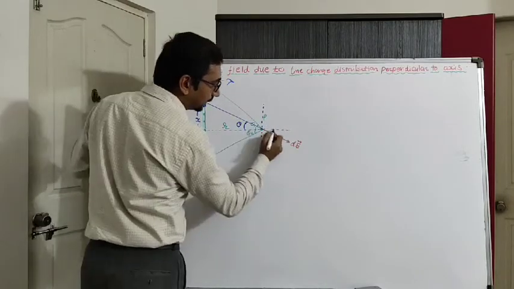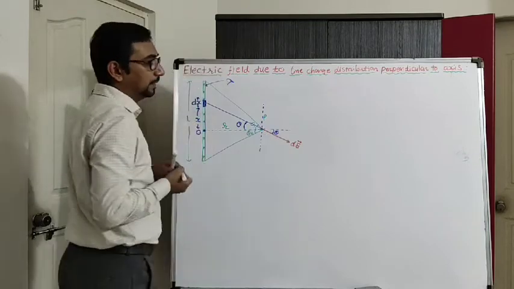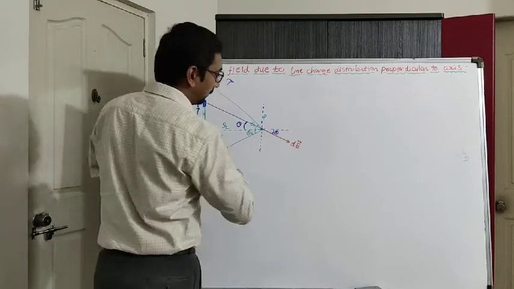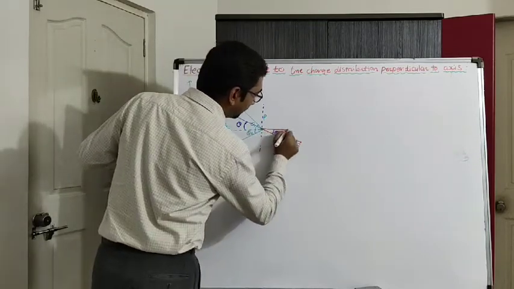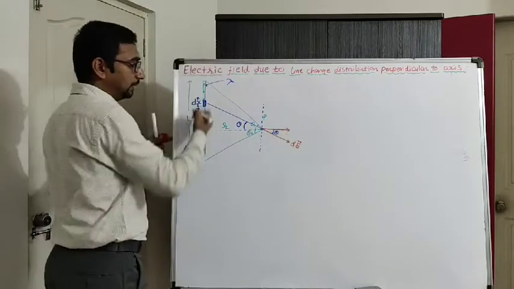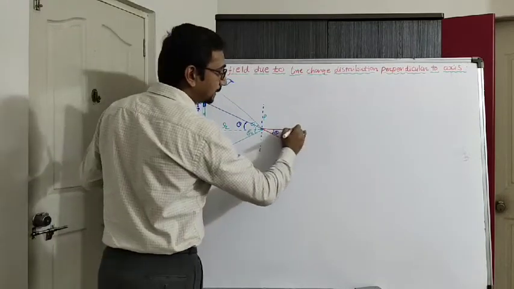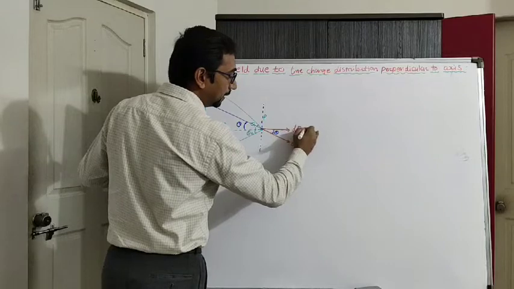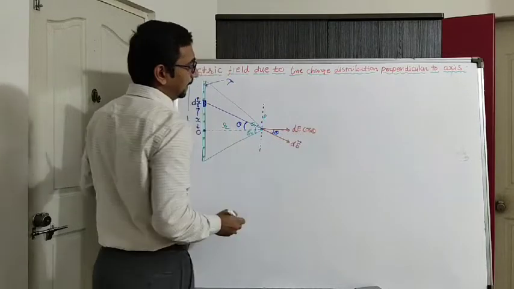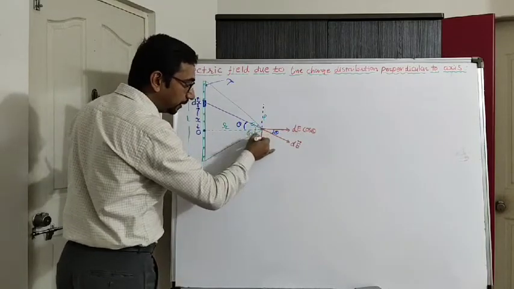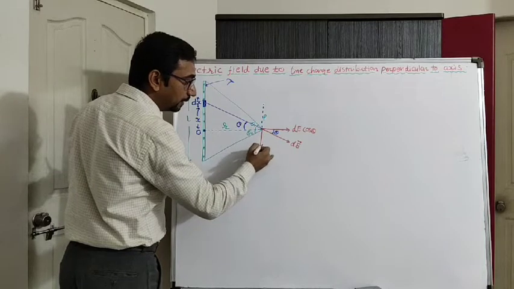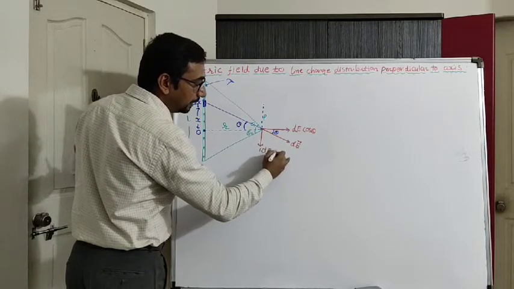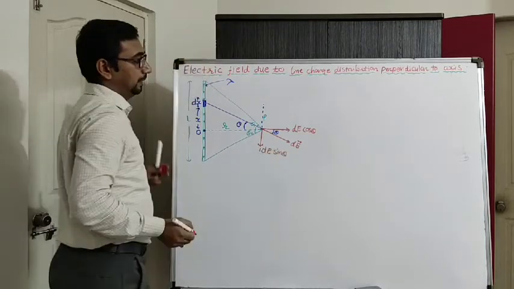This angle is theta, so this angle will also become theta, and one component of the electric field, which is perpendicular to this wire, is dE cos theta, and another component, which is parallel to the wire, is dE sin theta.